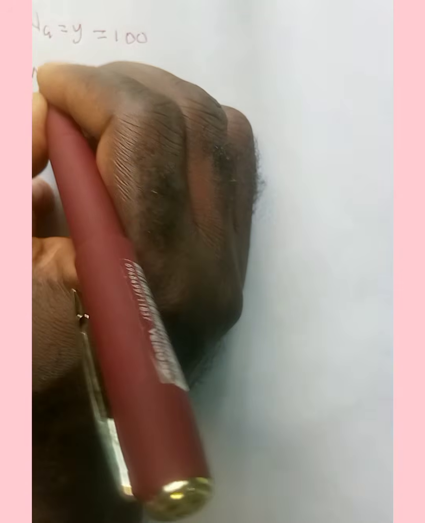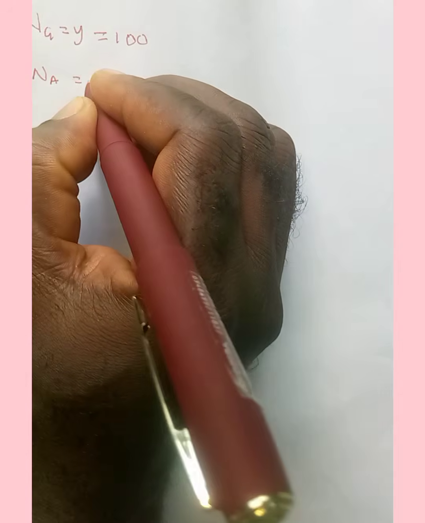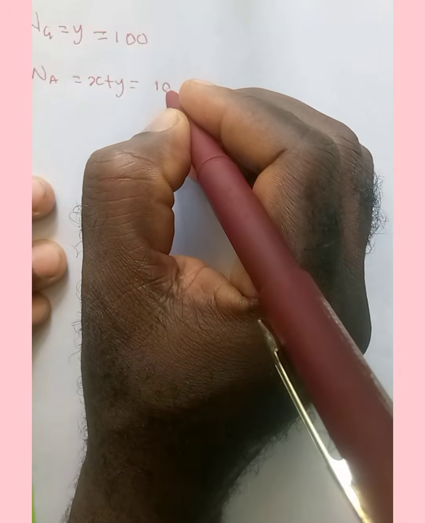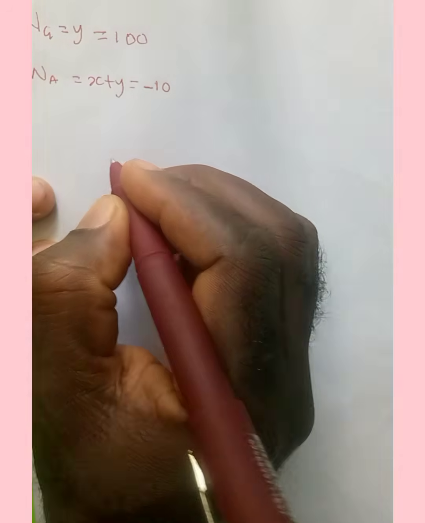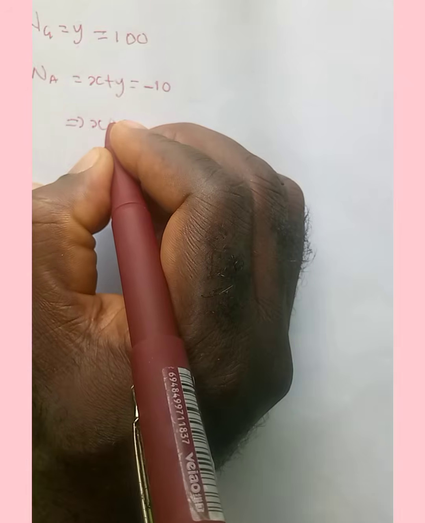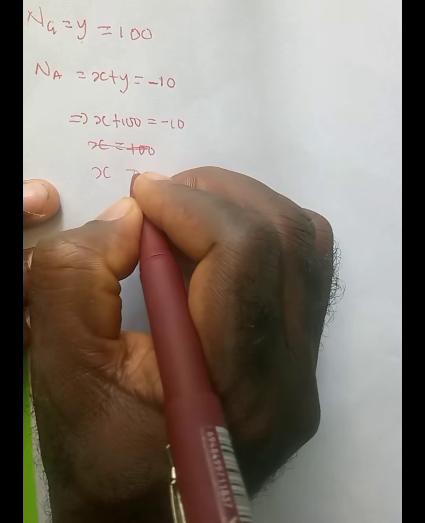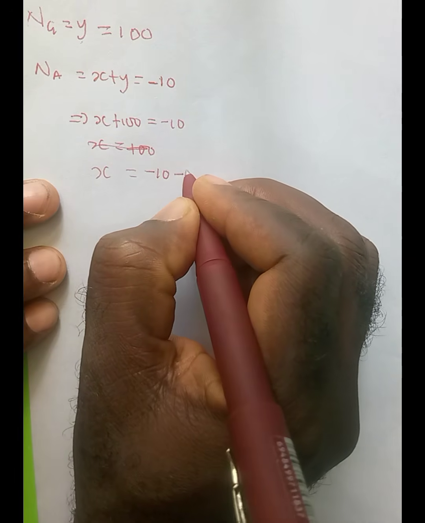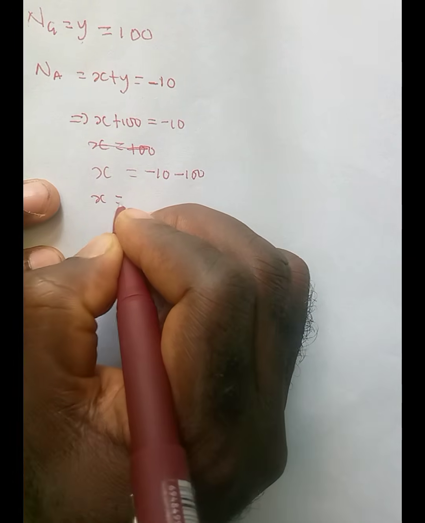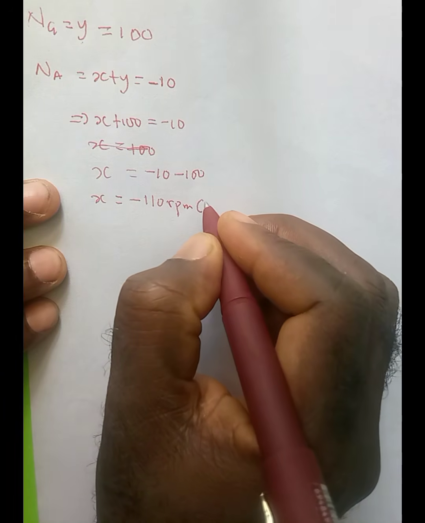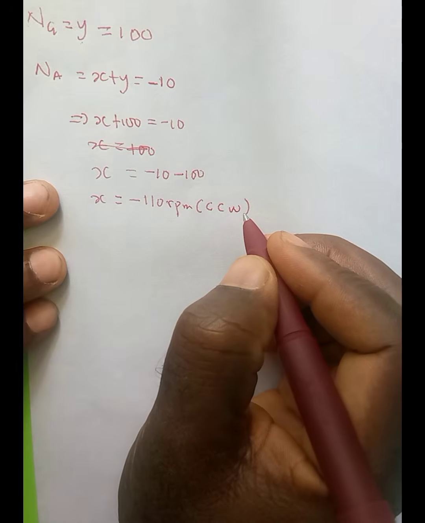Then the speed of A is equal to X plus Y. We are told that is equal to 10 RPM counterclockwise. Therefore, it will be minus. Now, we'll substitute the value of Y is equal to 100 into this. Then we'll have X plus 100 is equal to minus 10. X will be equal to minus 10 minus 100. Therefore, X will be equal to minus 110 RPM. That is in a counterclockwise manner.